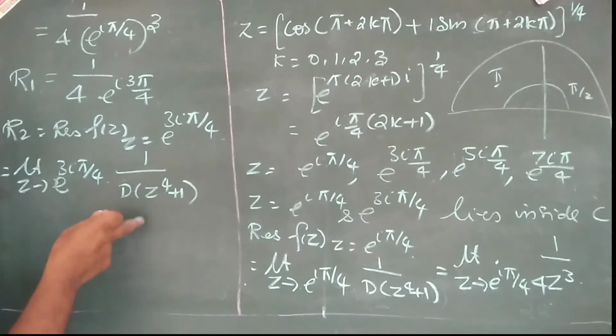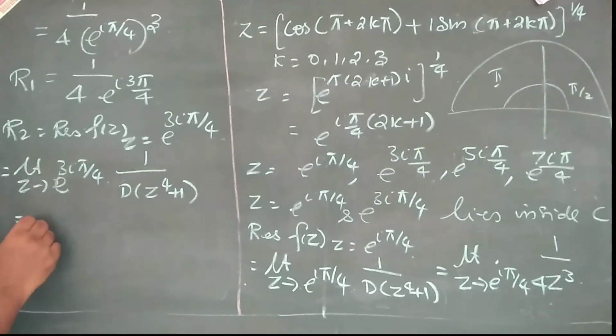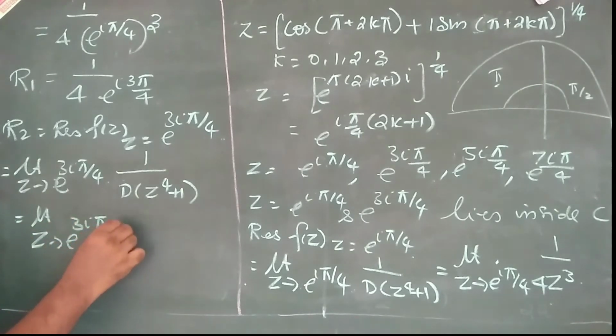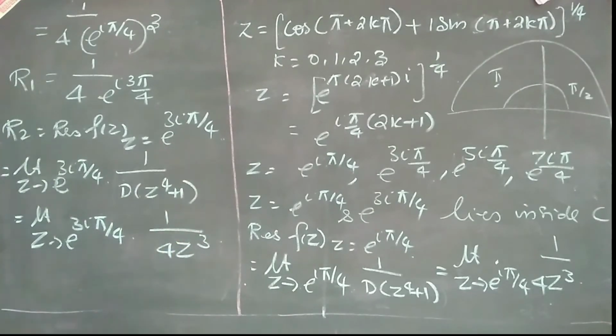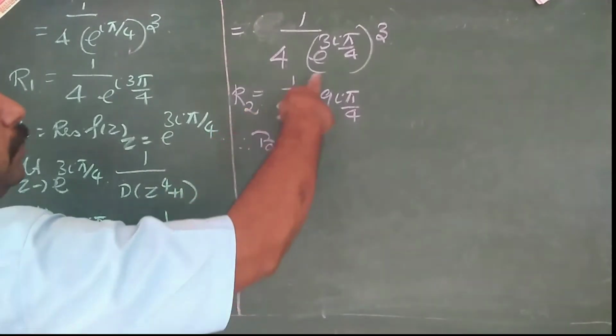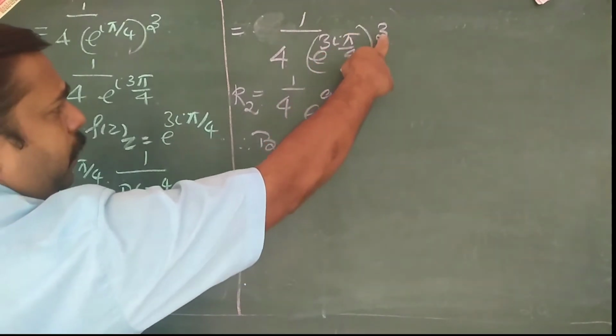If these poles are simple poles, then only we can apply this formula. This is 1 by 4 z cube. So R2 is equal to, we substitute this value, 3i pi by 4, then 3 into 3 is equal to 9.